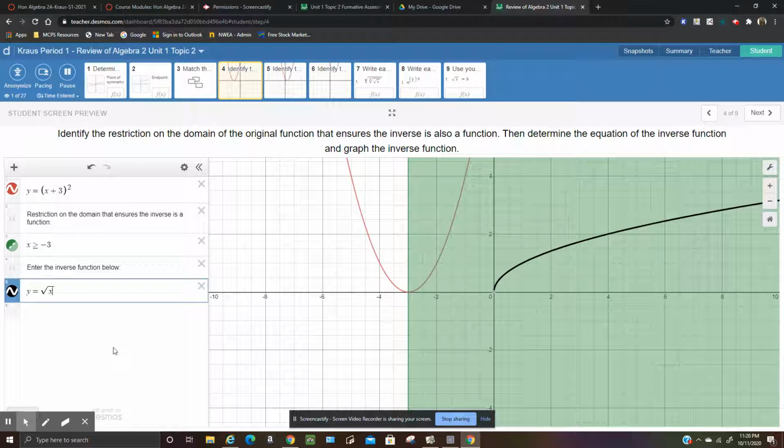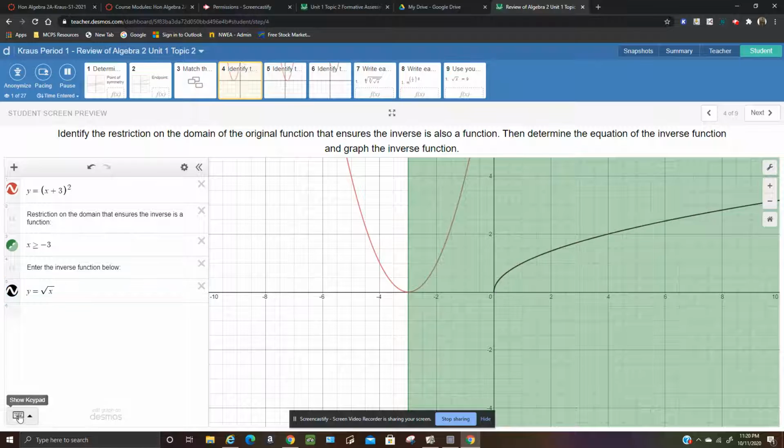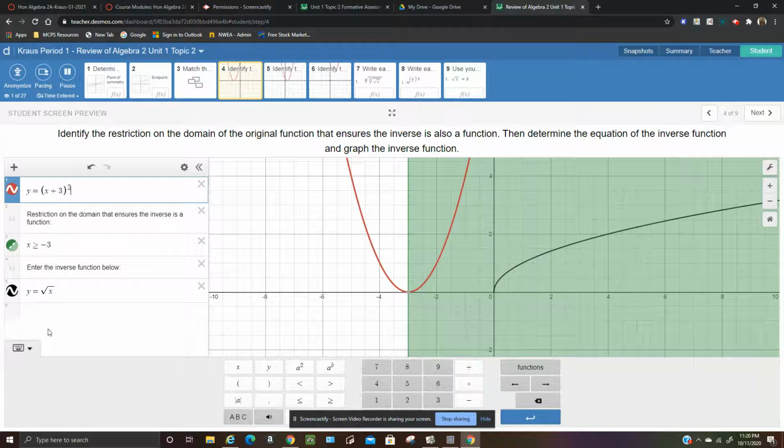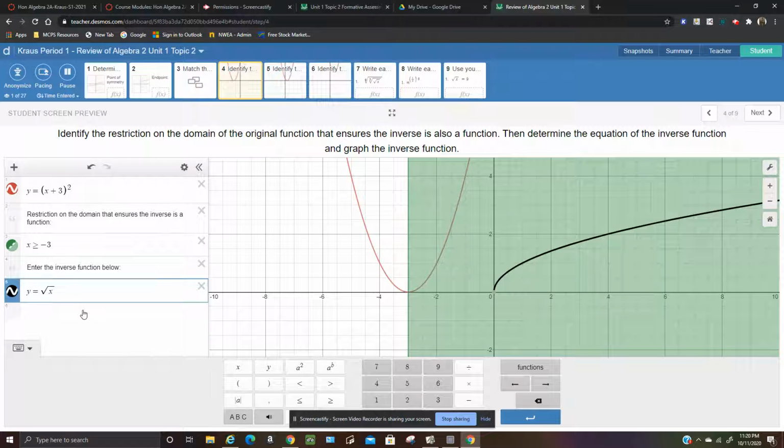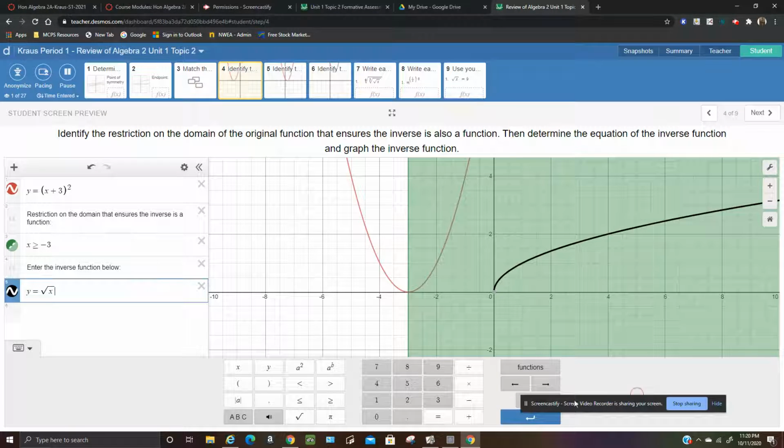So if I just type SQRT in there, it comes up with the square root. Here's the keyboard. So I get the square root on the keyboard also, which is underneath this here. It's right there. So then subtract 3.